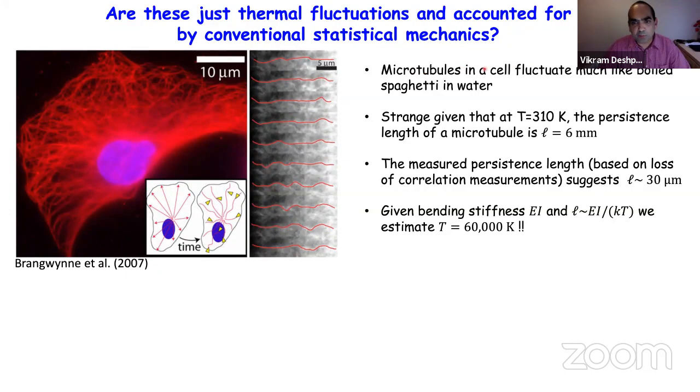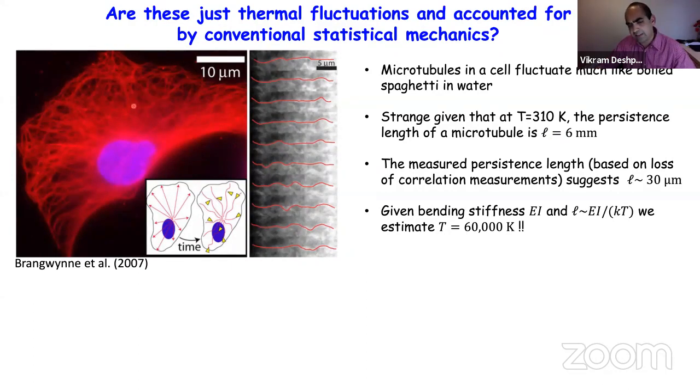And so microtubules, as you can see, are fluctuating inside the cells like a piece of spaghetti in boiling water. Now that is a very strange thing to happen because at 310 Kelvin, which is the temperature of the cell, the persistence length of a microtubule is 6 millimeters, much, much longer than the cell.